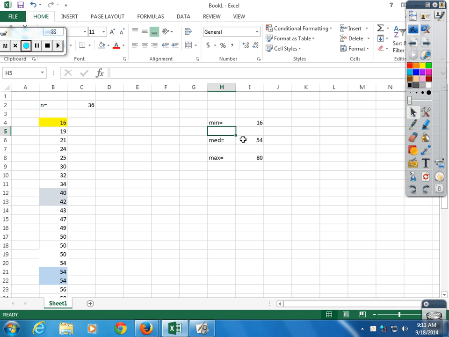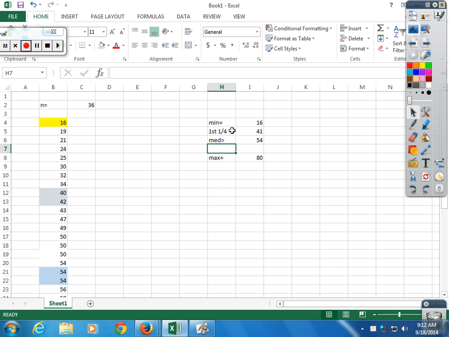You get 81, half of 81 is what? 40.5? 40 plus 42 is 82, and half of 82 is 41. So that's the first quartile. That's equal to 41.